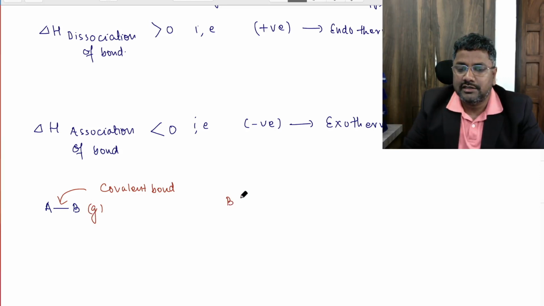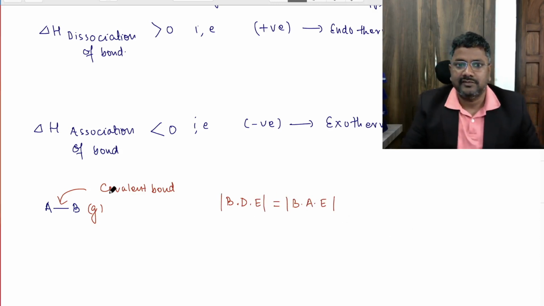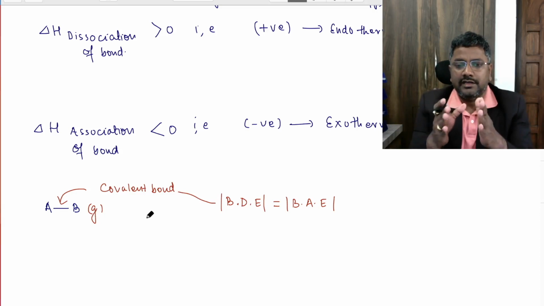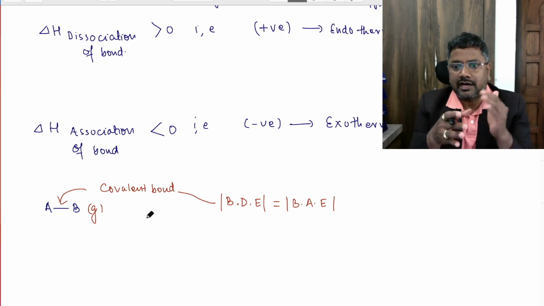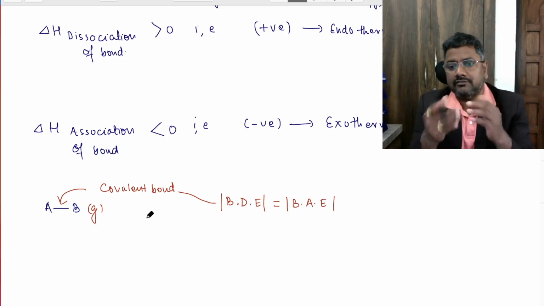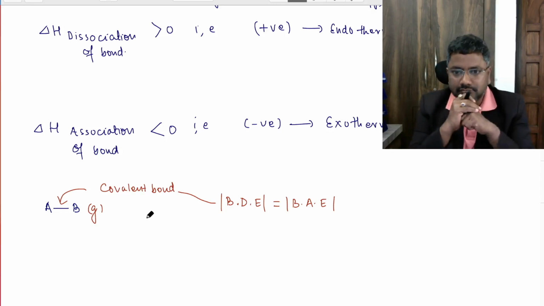So bond dissociation energy is always equal to the bond association energy in magnitude for this bond. That is, the amount of energy required to dissociate any bond, the same amount of energy is released in the formation of that bond, or vice versa.